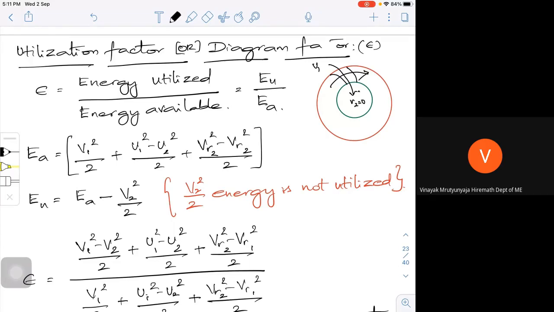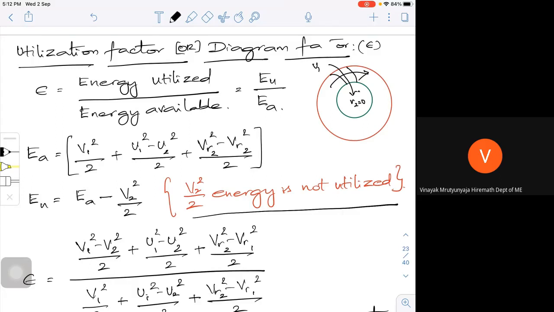But in case of most of the turbines, we can't have a 0 velocity. There will be a small velocity at the exit. So your V2 square by 2 is the energy which is not utilized, that means there is a loss. So what is the energy utilized actually?